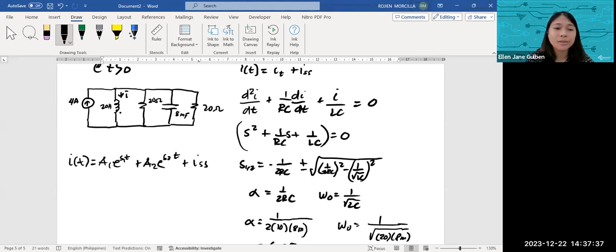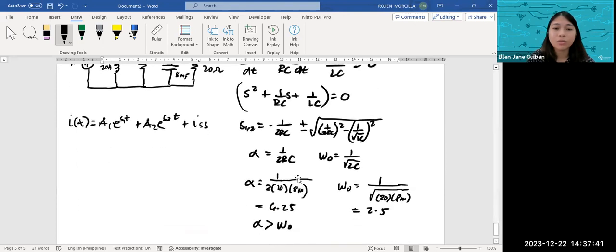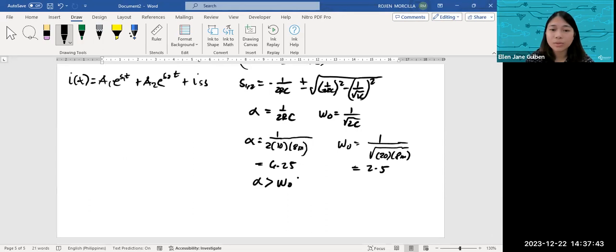Okay, next, let's move on to S1, S2. S1 is equal to, based on the formula, and S2 based on the formula.